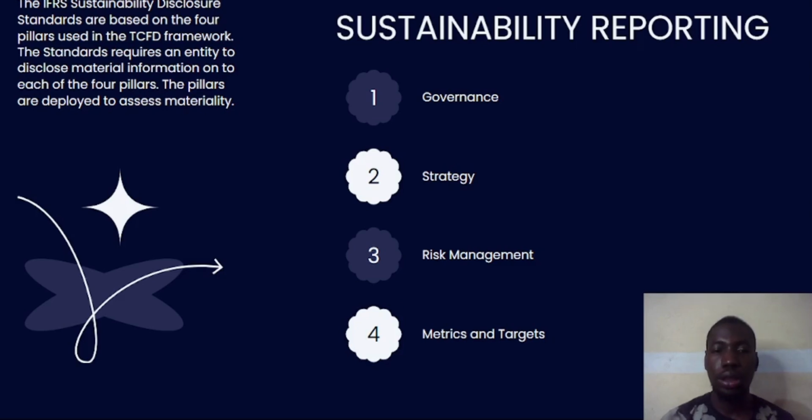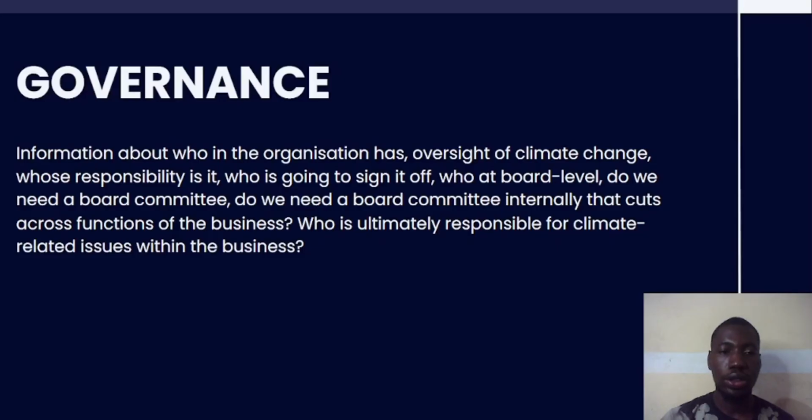So in most companies' sustainability reports, you see sections on each pillar. That is on governance, on strategy, on risk management, on metrics and targets. So these pillars apply to both IFRS S1 and IFRS S2. So when I'm explaining each of them, I'm explaining them in relation to both standards. So first is governance.